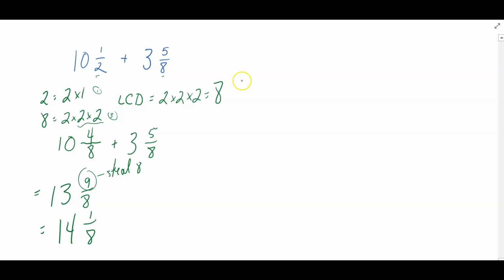Let's do it the other method by first converting to improper fractions. We're going to have to find the lowest common denominator at some point, so you may go and find it first, and then you might convert to improper, where we have 10 and 4/8 plus 3 and 5/8.